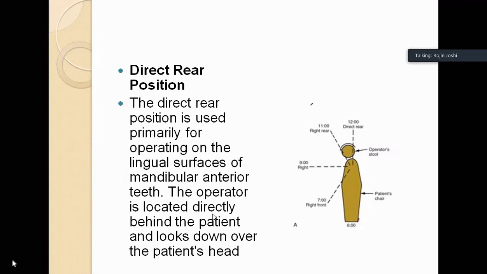The operator is located directly behind the patient and looks down over the patient's head. This is the direct rear position, which is common for both right-handed as well as left-handed operators.